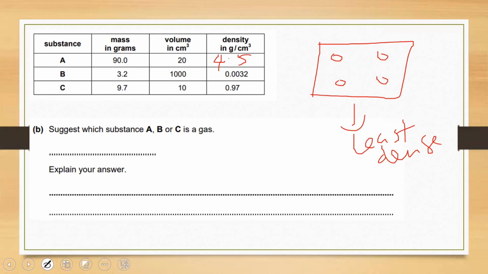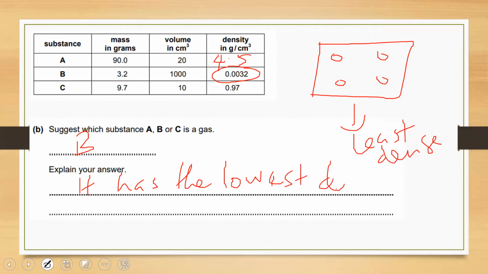So we just look at which one is the least dense, and that is 0.003, because the particles are further apart from each other. Density has to do with how closely packed the particles are, that's why it's mass over volume. So the one with the lowest density is the gas.